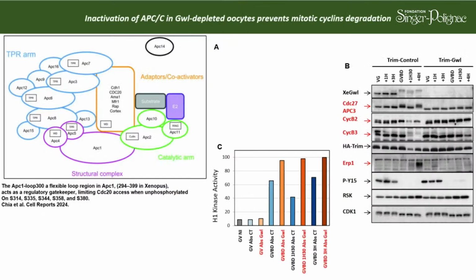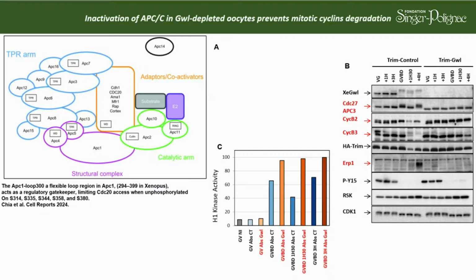You can see here, in control condition and in the absence of Greatwall, we followed the phosphorylation of APC3, one component of the APC, that is phosphorylated in meiosis 1 and meiosis 2, and that is no longer phosphorylated in the absence of Greatwall. Associated with this unphosphorylated form, we also maintain cyclin B2 in a non-degraded form compared to the control condition.